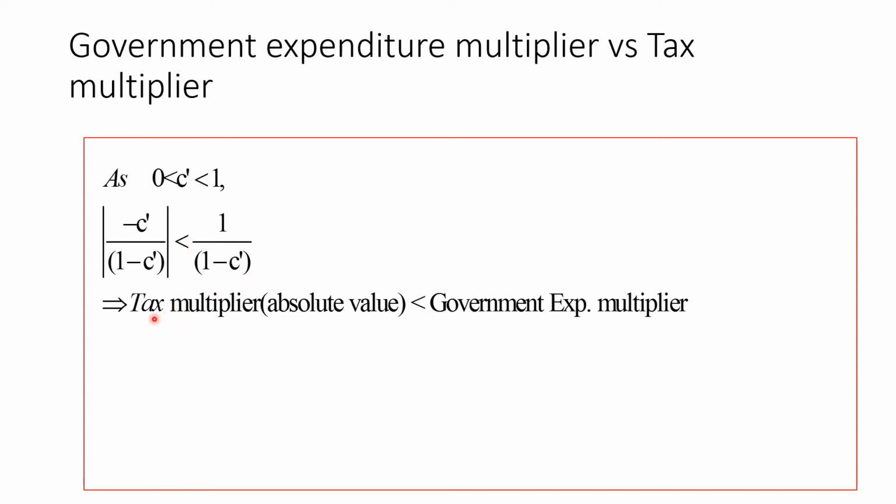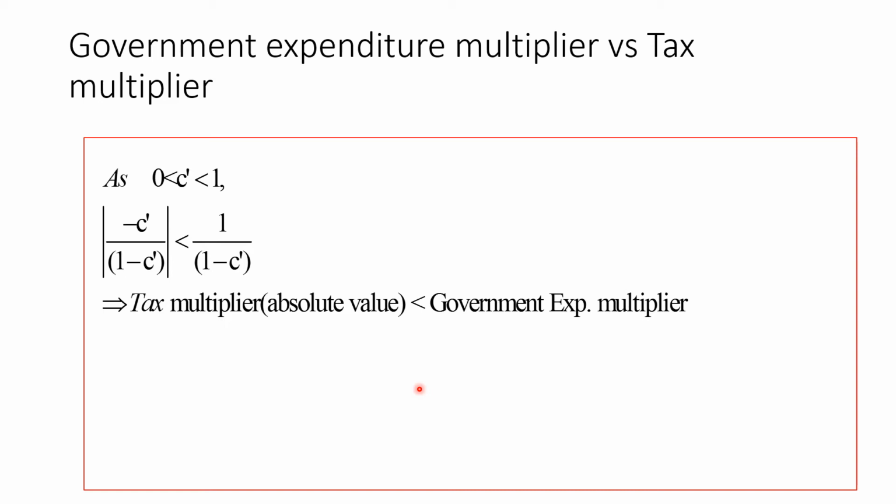So the tax multiplier in absolute value is less than the government expenditure multiplier. It was 5 for the government expenditure multiplier, and this is 4, assuming MPC equal to 0.8. So that's clear. Now why is this happening?